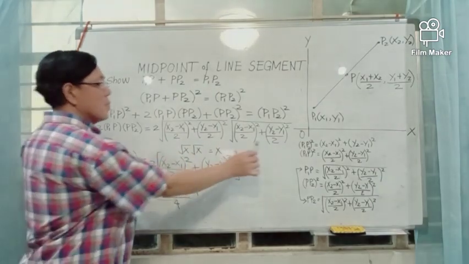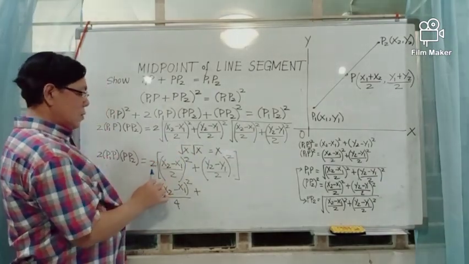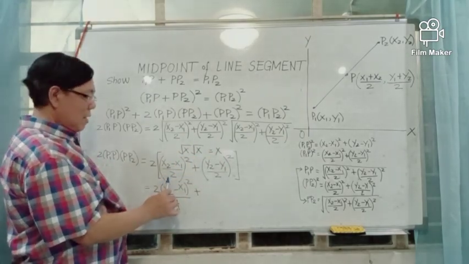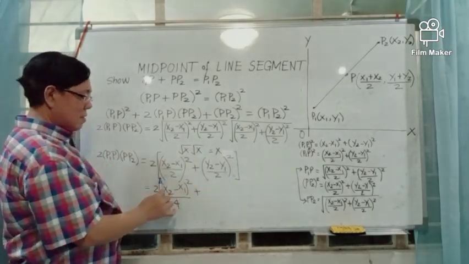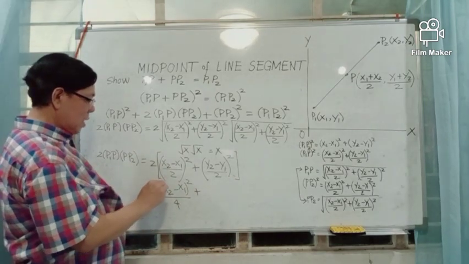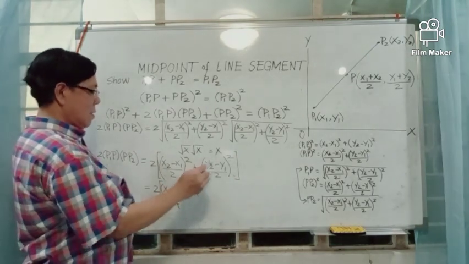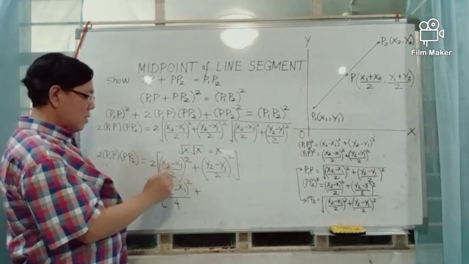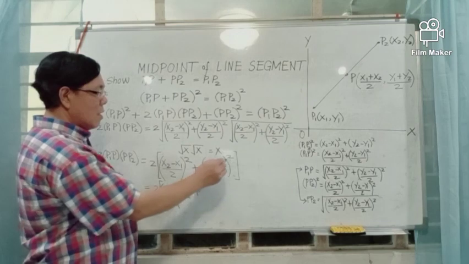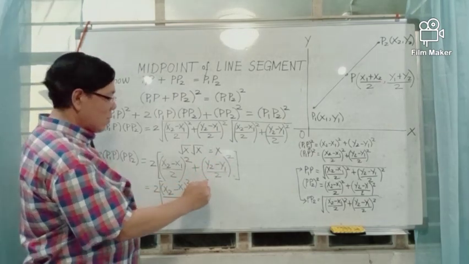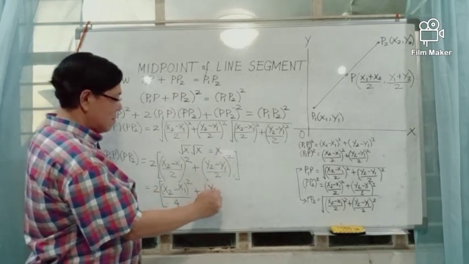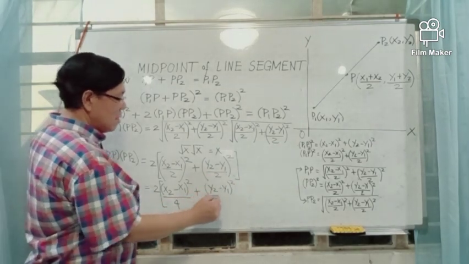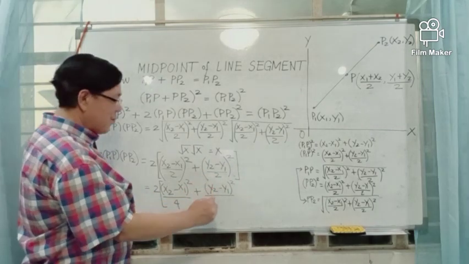So this simplifies to 2 times the radical. And we are now simplifying this. We have 2 times the square of x2 minus x1 divided by the square of 2, 4, plus the square of y2 minus y1 divided by the square of 2, 4.